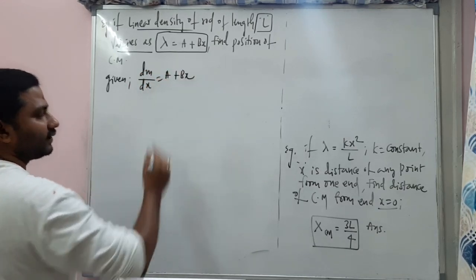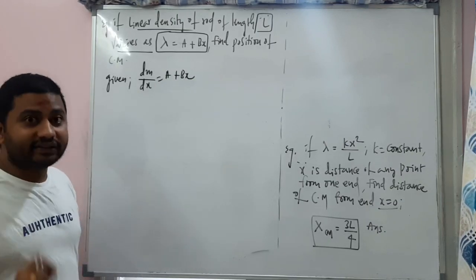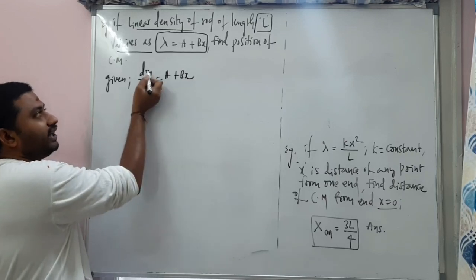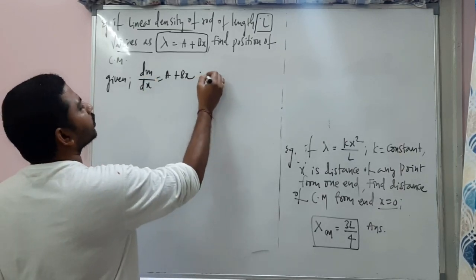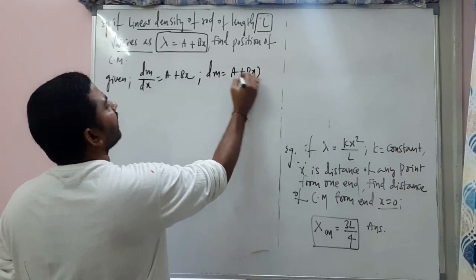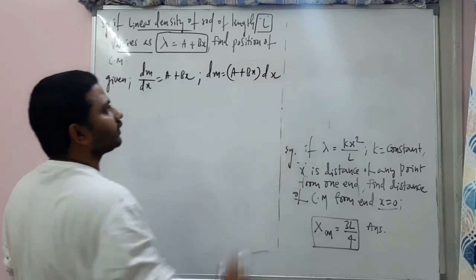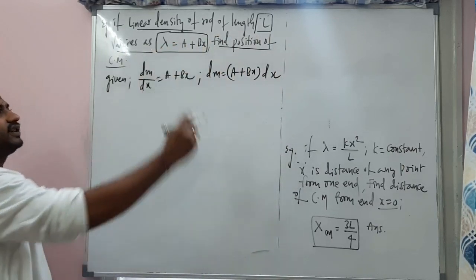Do you remember what lambda is? It's the linear density of the rod. From the linear density formula, dm by dx is equal to a plus bx. From here I can also write dm is equal to a plus bx into dx.